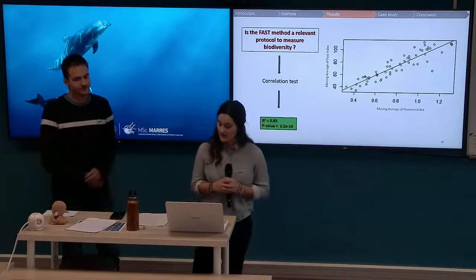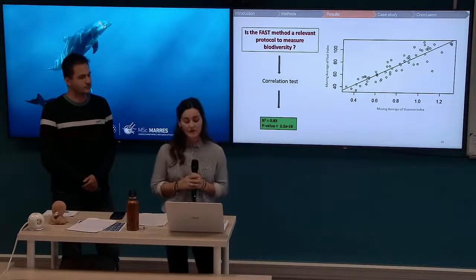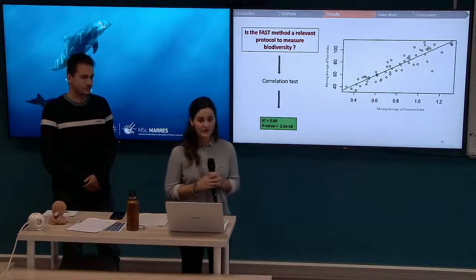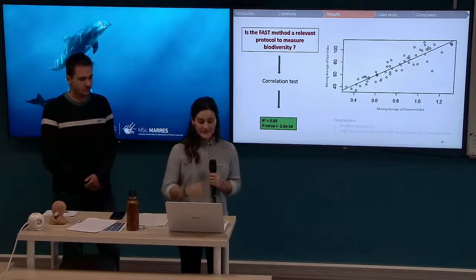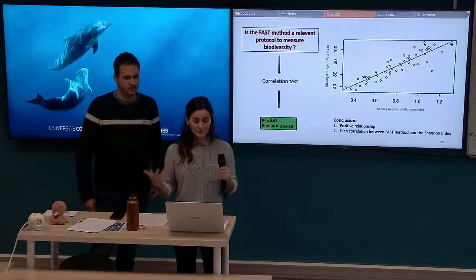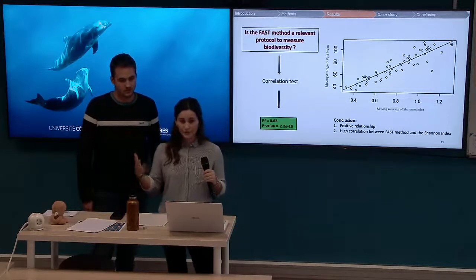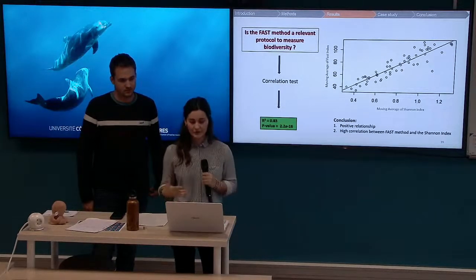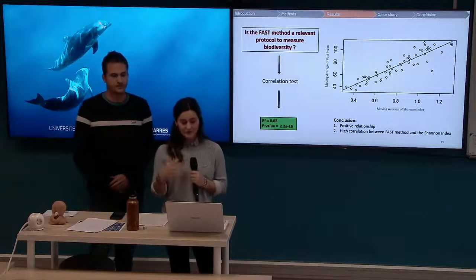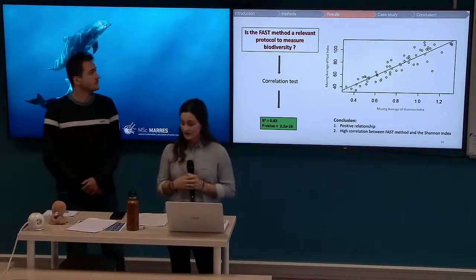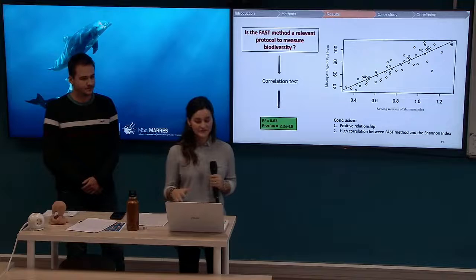And here, our results are far under 0.05. So we can say that the p-value confirms the positive relationship between the 2 variables. So according to these powerful results, we are going to apply this to our case study.